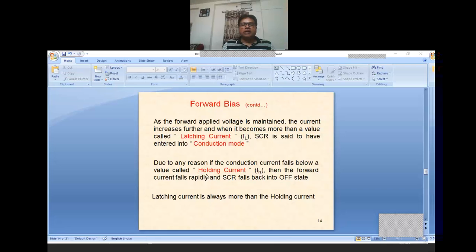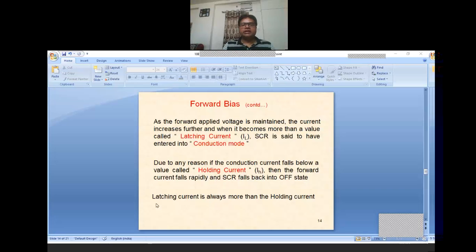And similarly, the holding current is defined as the minimum current required to maintain the SCR in conduction state. Or you can also understand it as, holding current is the forward current of SCR below which the SCR falls back into off state.